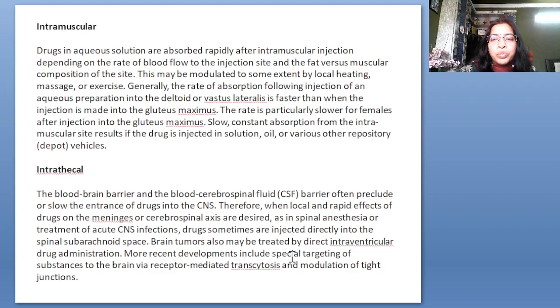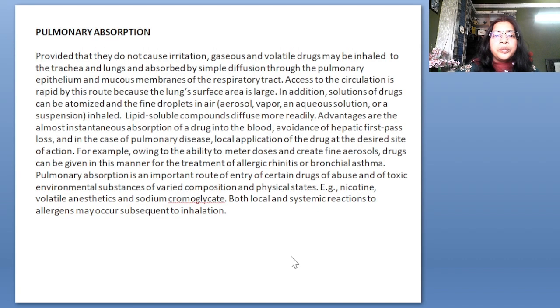Brain tumors also may be treated by direct intraventricular drug administration. More recent developments include spatial targeting of substances to the brain via receptor-mediated transcytosis and modulation of tight junctions.